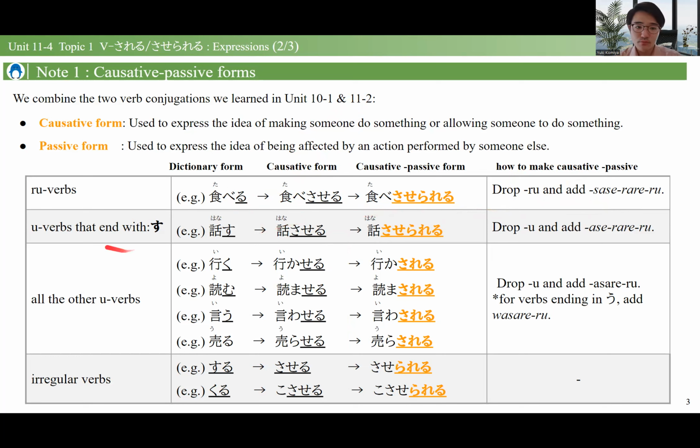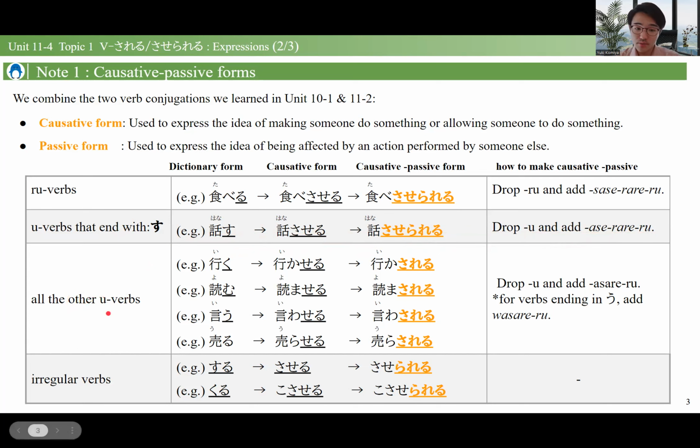We have sub-rules for う verbs. The う verbs that end with す, as in 話す, we make it into 話させる, make someone talk, speak, 話させられる, being forced to speak. We replace the す with させられる.